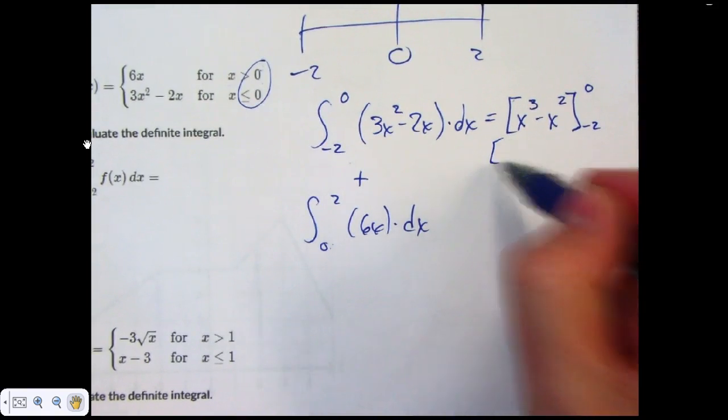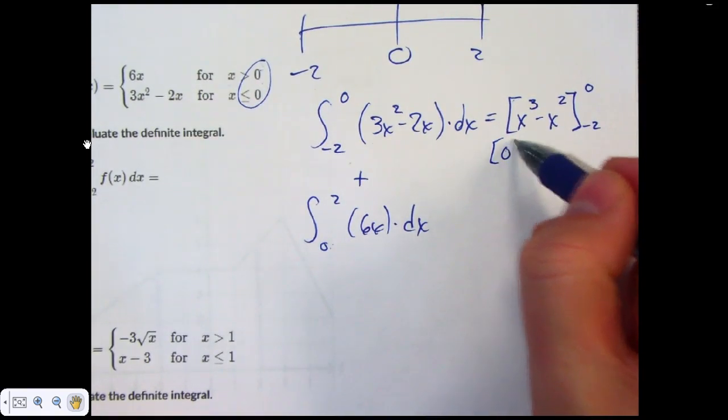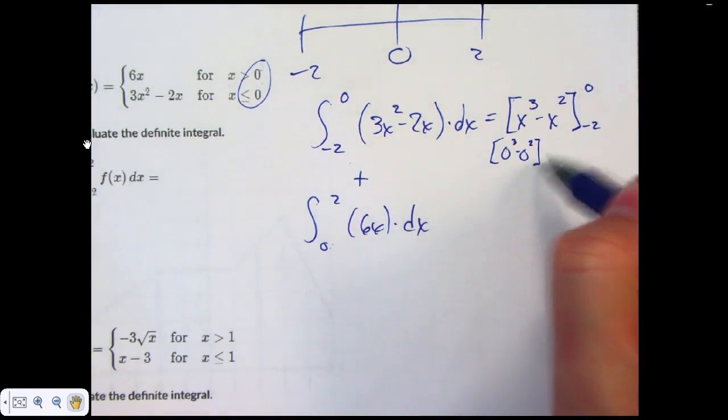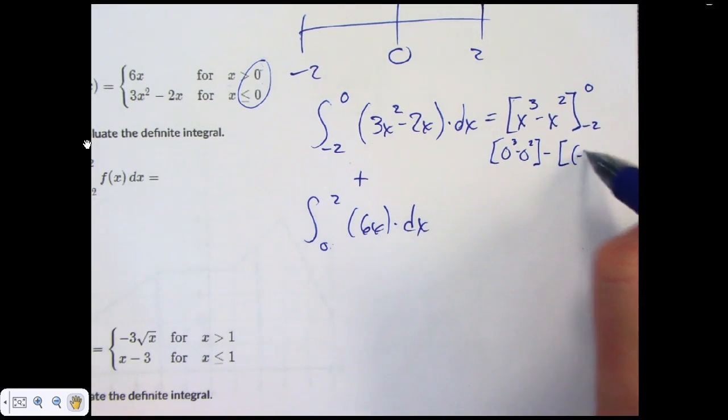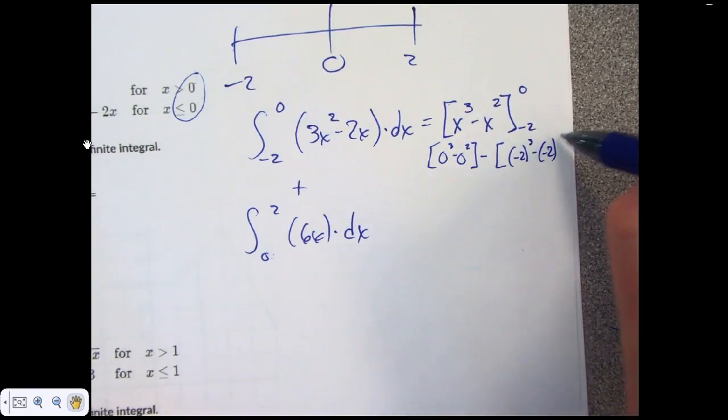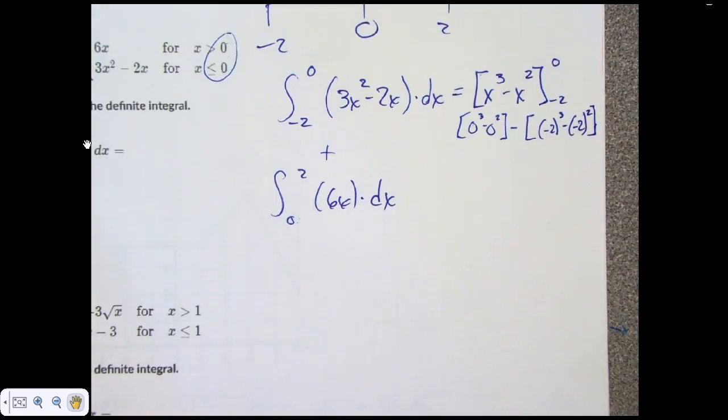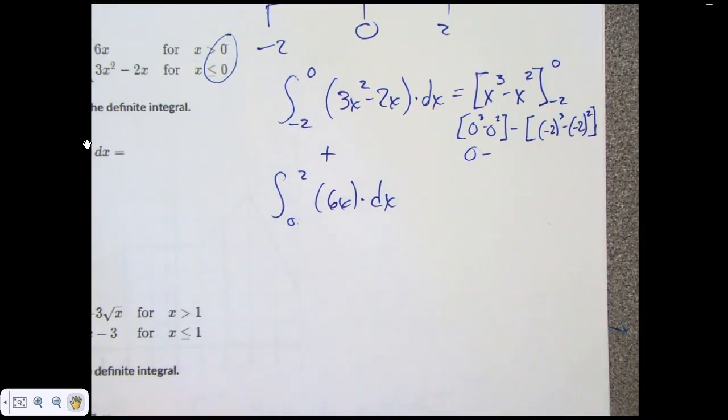So plug in 0, which is 0 cubed minus 0 squared. Plug in negative 2. It's negative 2 cubed minus negative 2 squared. That part's 0, which is nice.